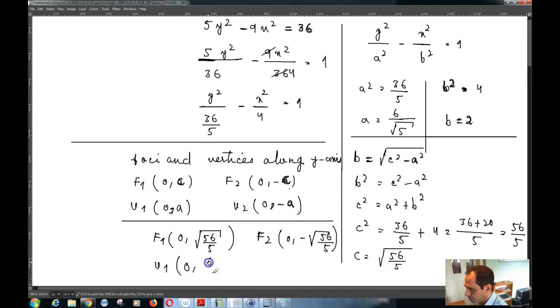So (0, 6 over square root of 5), and v2 is the same as (0, negative 6 over square root of 5).